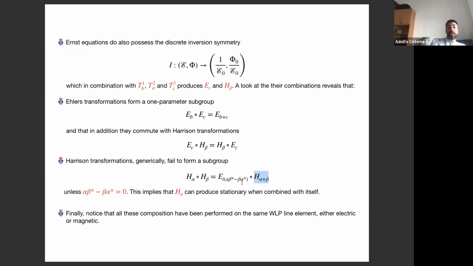I will get something that will have some degree of stationarity, although the initial spacetime was static. Why? Because the combination of two Harrisons usually includes an Ehlers, and Ehlers includes either NUT or swirling. So basically, it's telling you that there is a sort of non-trivial momentum in your electromagnetic field that is producing some rotation, kind of.